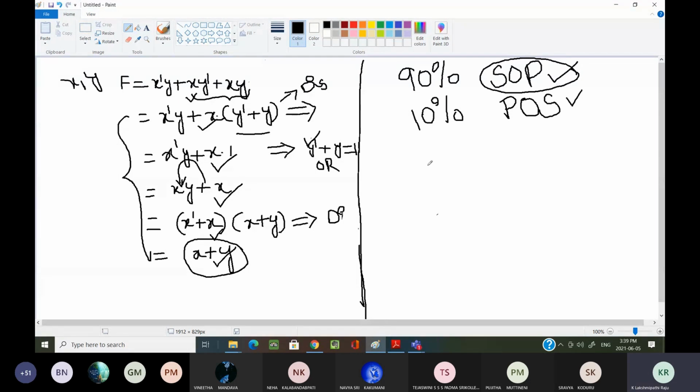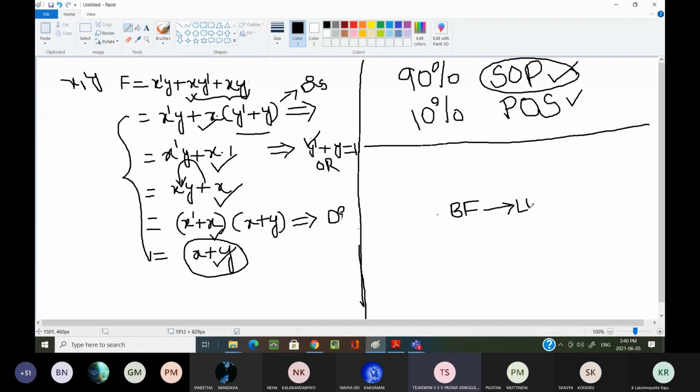Now I can tell you, sir, why we consider SOP expressions in 90% of the cases. How are we deriving the Boolean expression or Boolean function? Can someone tell me? Some theorems, algebra? Based on what?